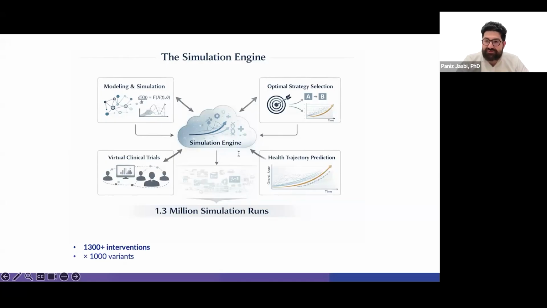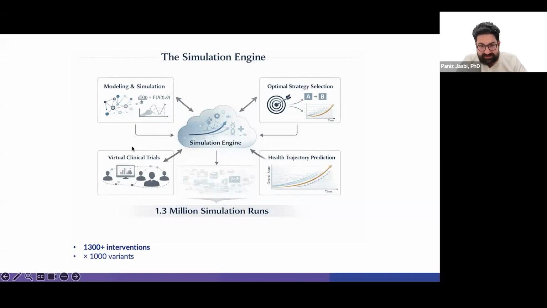So in practical terms, the Aristotle Plus runs 1,000 simulated variants across those 1,300-plus interventions, producing over 1.3 million simulation runs. A helpful way to think about this is that we are effectively testing more than 1,300 health strategies, each 1,000 different ways, before a clinician ever commits to a plan.